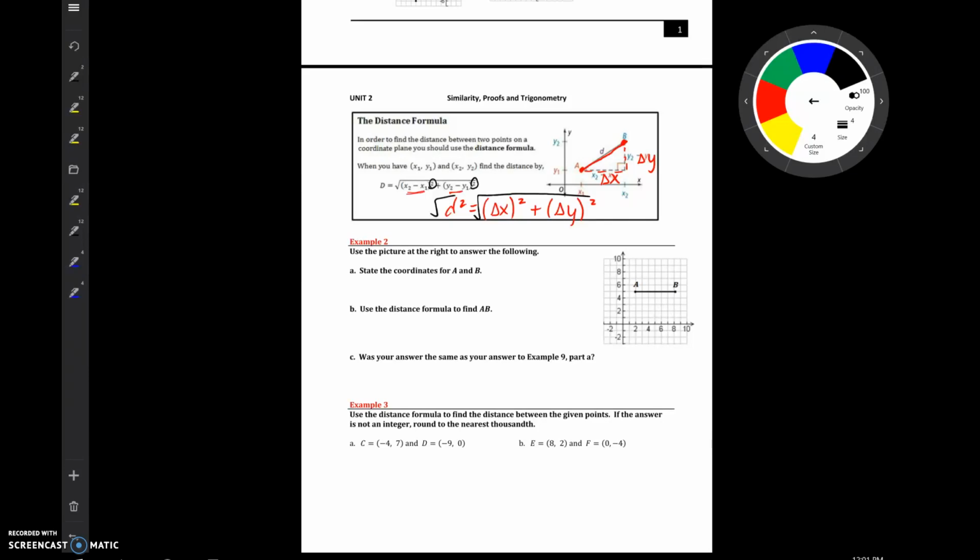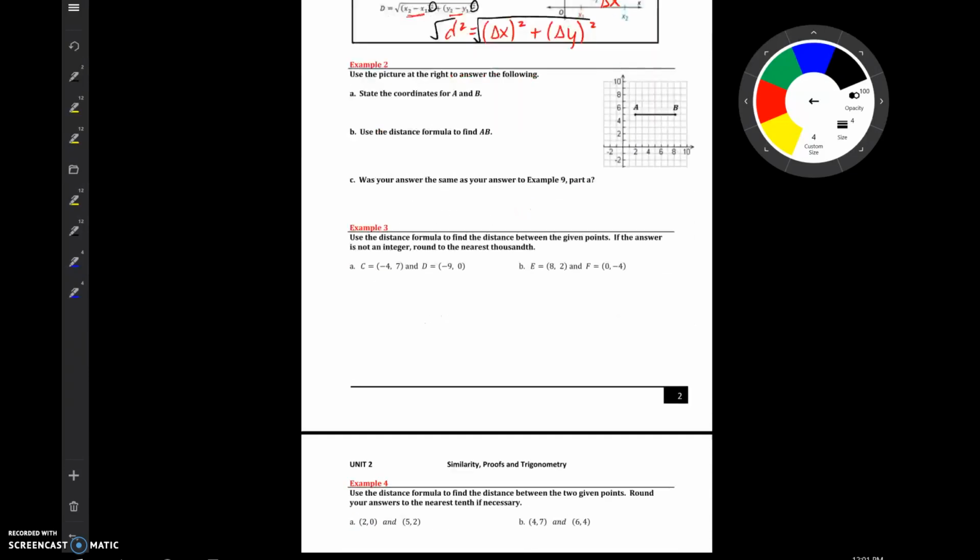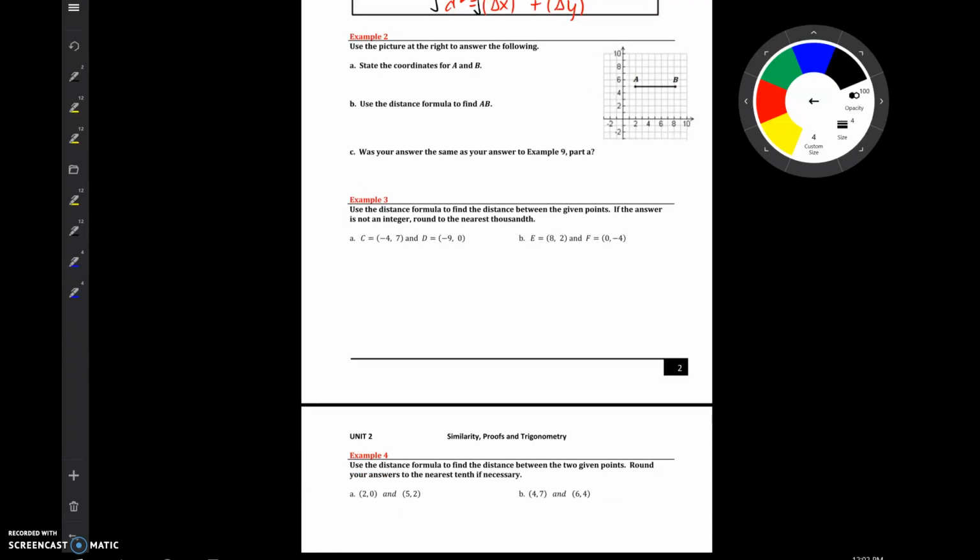All right, so let's use the distance formula for example 3. So I have x comma y, x comma y. So if you want, we can do a little bit of side work. Delta x, change in x values, negative 4 minus negative 9. Okay, that gives me a positive 5. Delta y, the change in my y values, 7 minus 0. So that gives me 7.